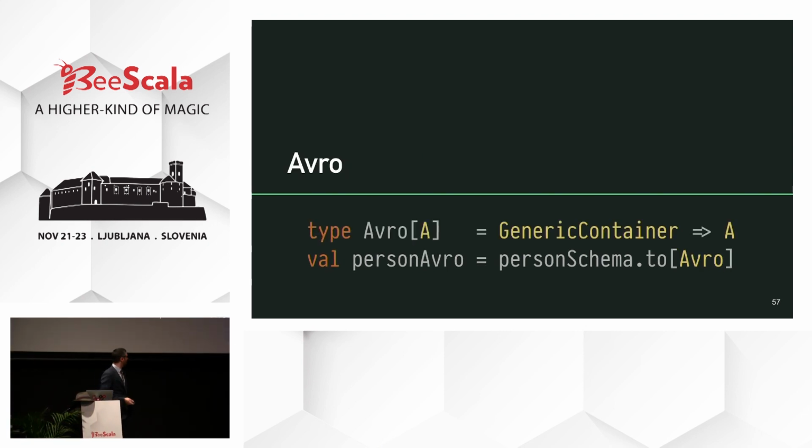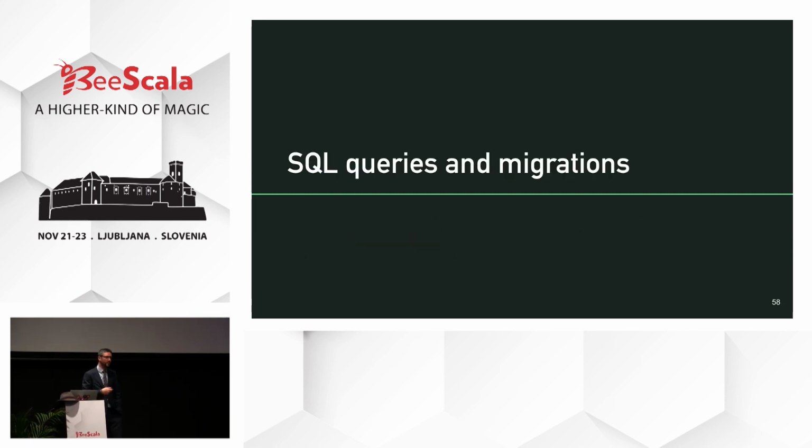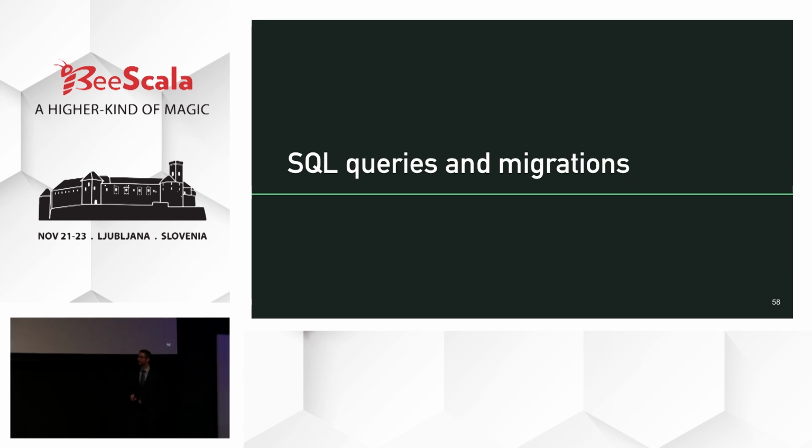You can have many serialization protocols, like Avro. You can also use that to build SQL queries and migrations. You could derive from the Scala code that defines the migration the SQL scripts that will migrate your database accordingly.